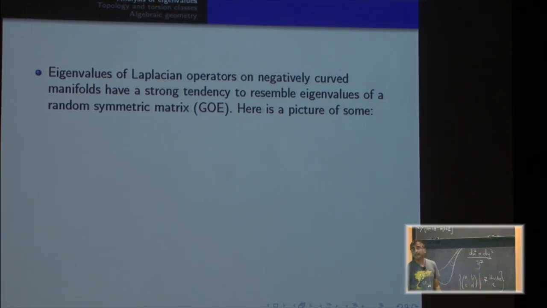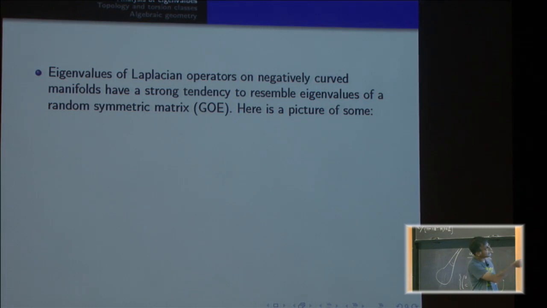And if you wanted to make a guess as to how the eigenvalues were distributed, you might take as a model the eigenvalues of a random symmetric matrix. There are different models of how you would choose a random symmetric matrix, but the points we're going to discuss are pretty robust, the same for any sensible model.